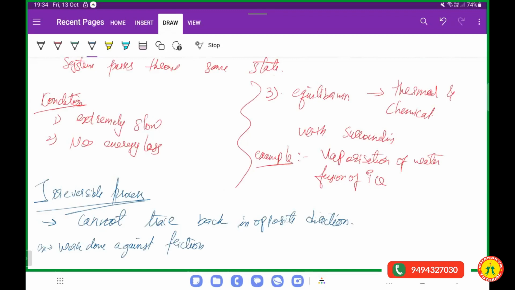Come on, make a note of it. Then we can go to another important topic: second law, entropy, Carnot cycle. Then our JEE questions. I hope today we can finish the second law and Carnot cycles. Tomorrow we can do only JEE questions.